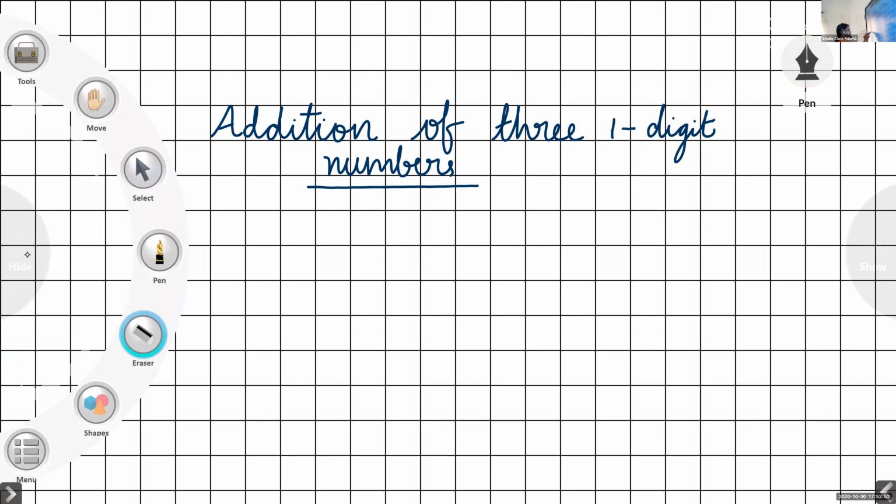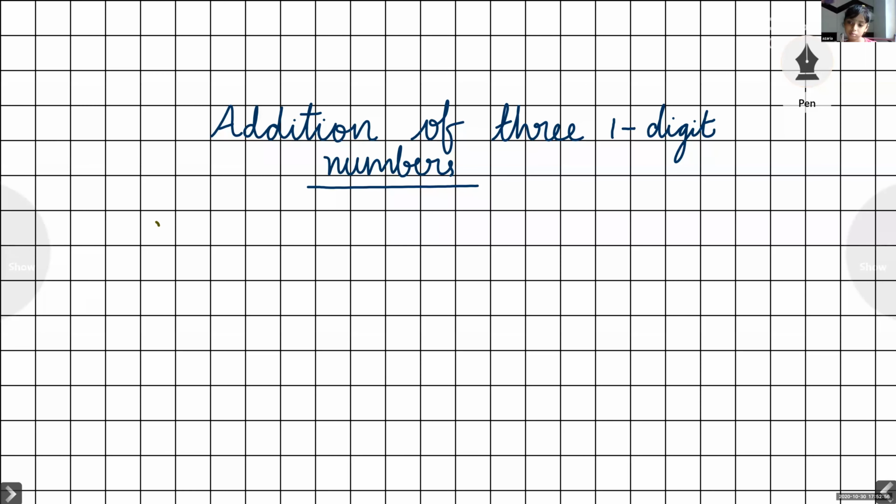We are finished. Okay. Now let us write the first. Addition of three one-digit numbers.